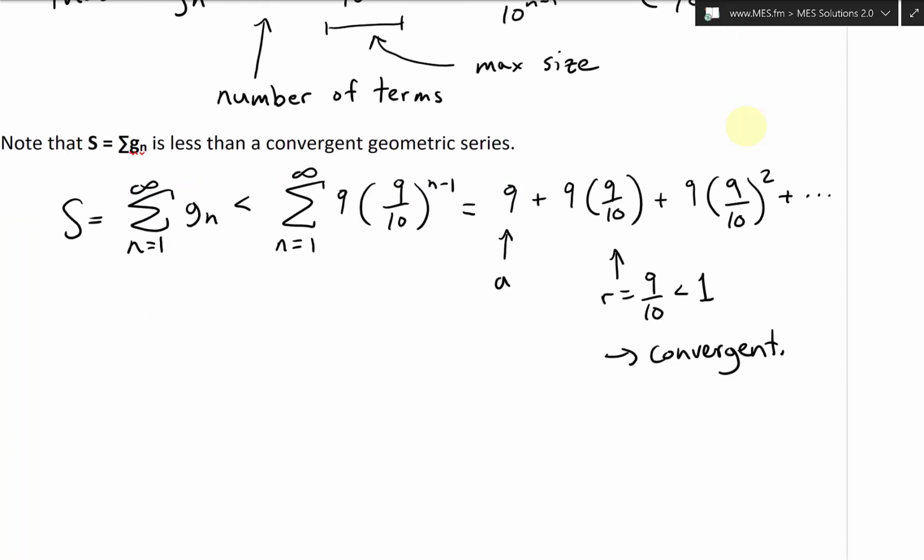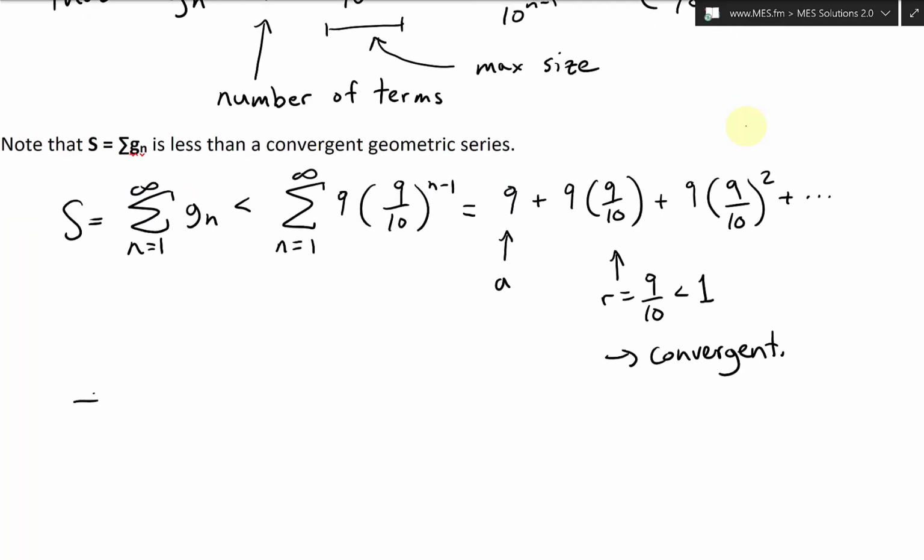And then we could write this using the formula. S is less than the sum of a geometric series, which is a divided by 1 minus r. A is 9, divided by 1 minus 9 over 10.